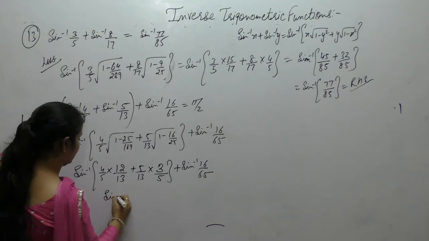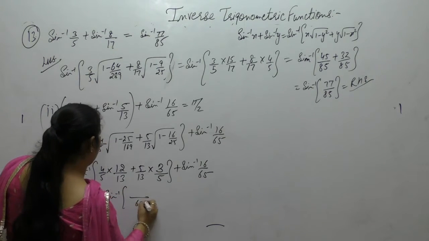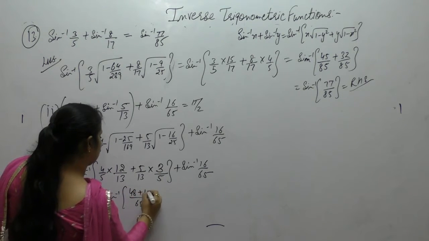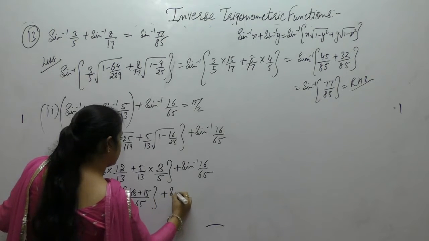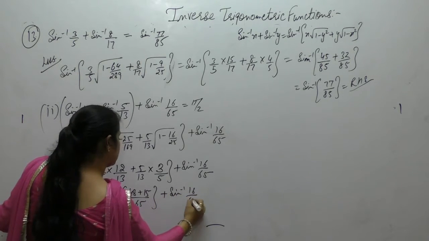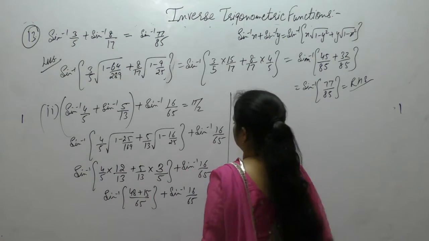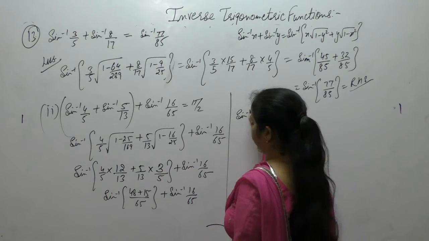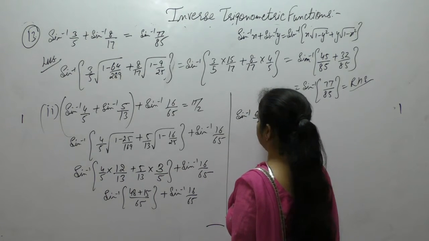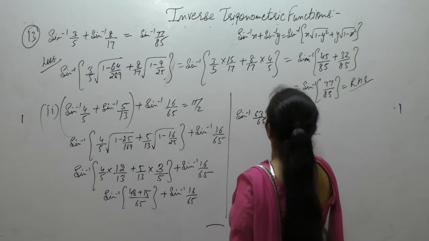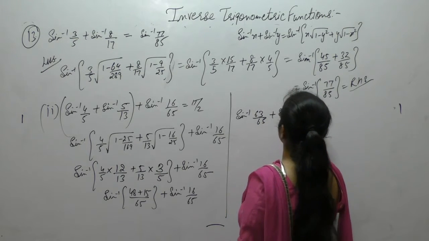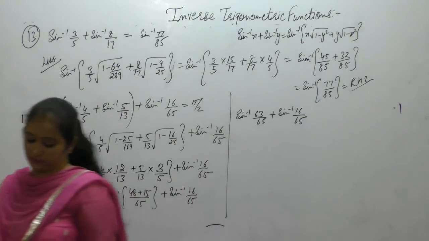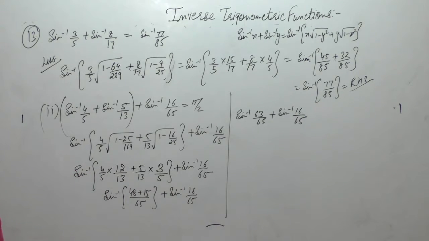So what we get? 13 into 5 is 65. So we get sin inverse 63 by 65 plus sin inverse 16 by 65. Again apply the formula.